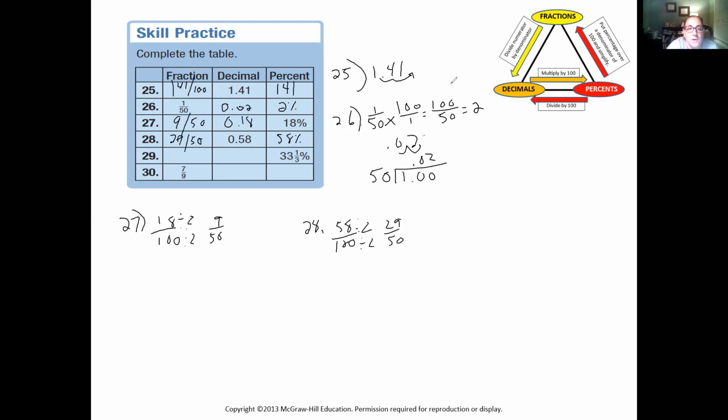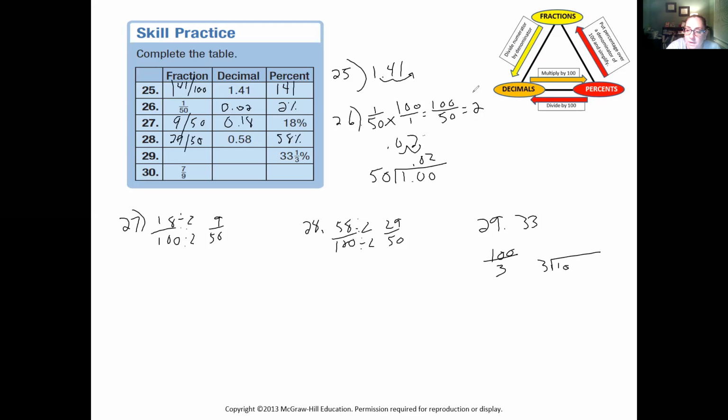All right, 29, we have 33 and a third percent. We need to find out what that is as a decimal and a fraction. Now, it's not already a fraction. It's not going to be 33 and a third as a fraction because it is 33 and a third percent, right? That's different. So for 29, to turn it into a decimal, we know that 33 is going to be our whole number, so we need to divide 1/3, or we could turn it into an improper fraction. 33 times 3 is 99, plus 1 is going to be 100 over 3.